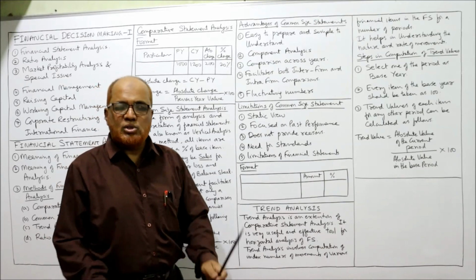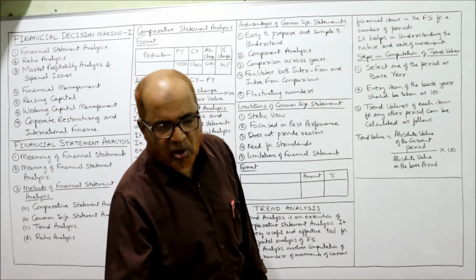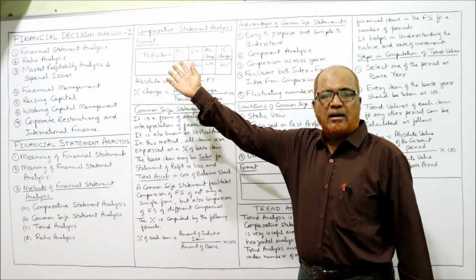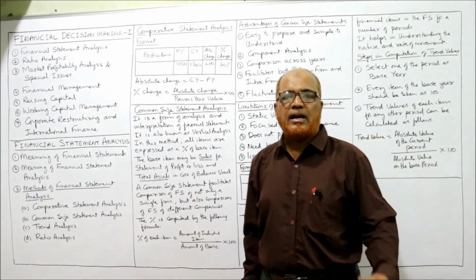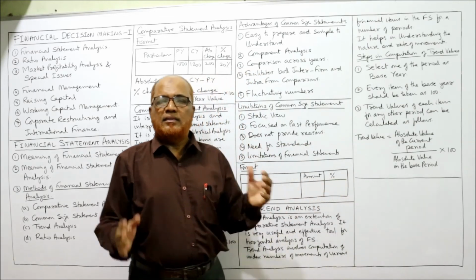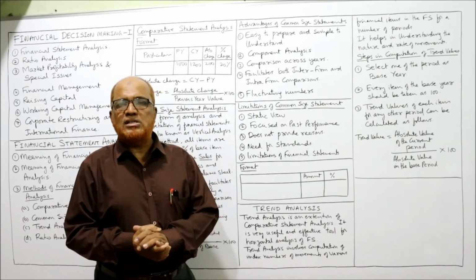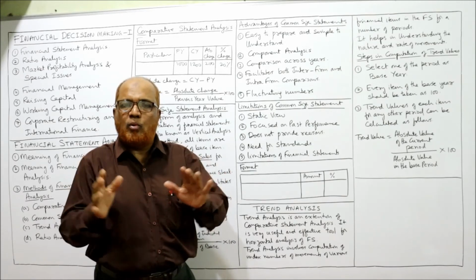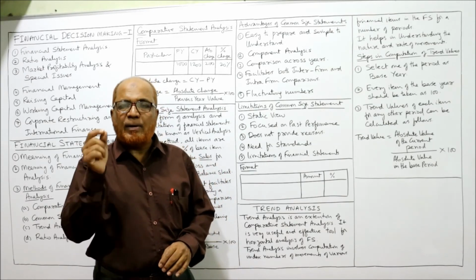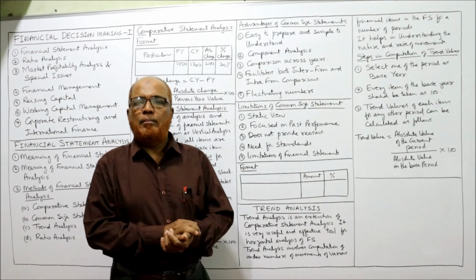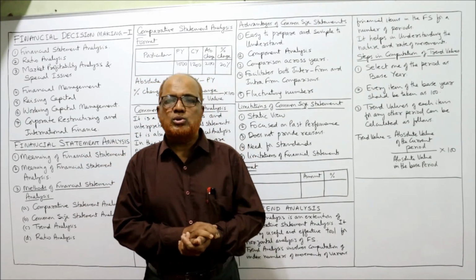That's all. So these are the three techniques of financial statement analysis: comparative statement, common size statement, and trend analysis. This is only theoretical. By doing a few problems on these methods, the concept will be more clear. But from the examination point of view, not only problems, they may ask you theory also.